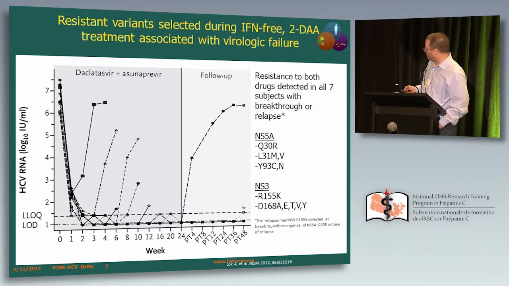That correlates with the emergence of those variants associated with resistance to NS5A inhibitors. These are the usual suspects: Y93, L31, and with regard to NS3 protease inhibitors, mutations at position R155 and D168.